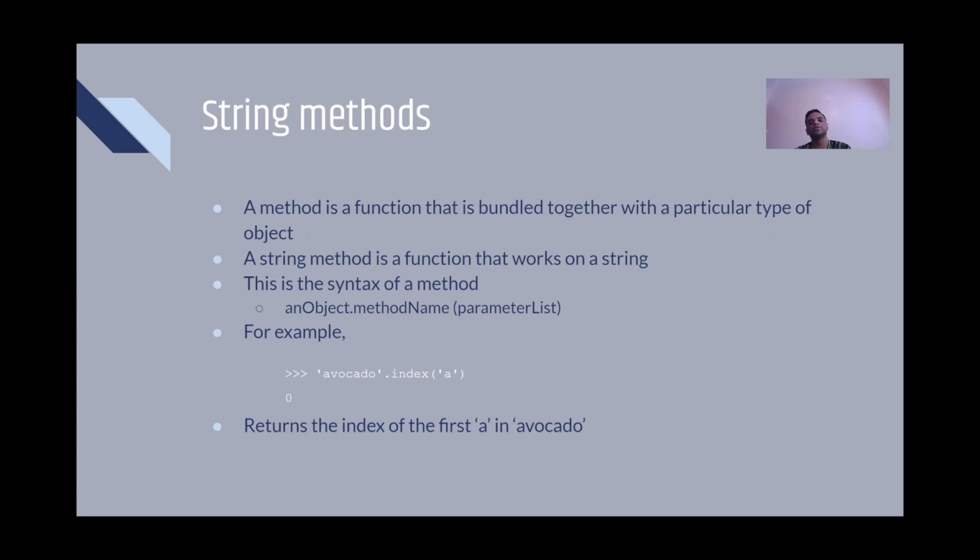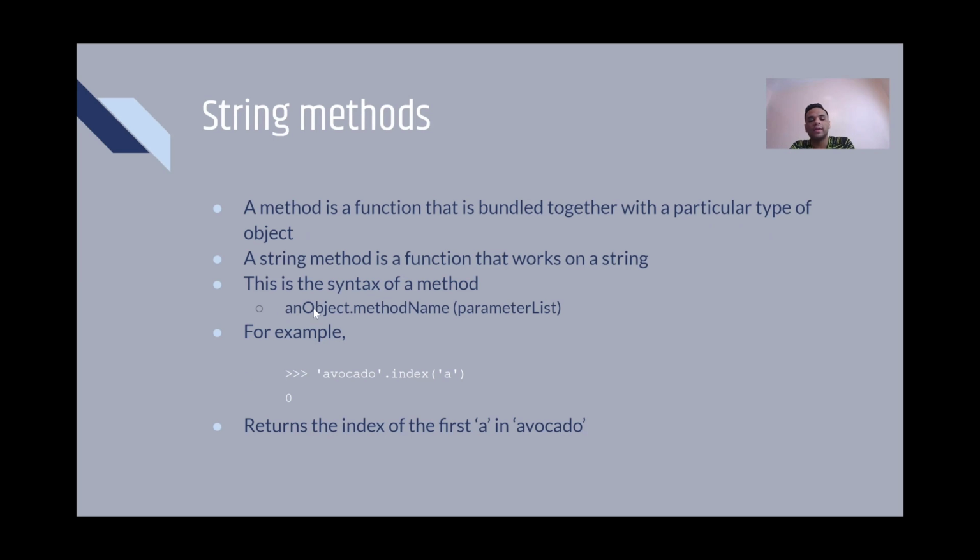So let's talk about string methods. That was the next part of this lesson. So what is a method? Like I said before, a method is a function that is bundled together with a particular type of object. A string method is a function that works on a string, and this is the format.